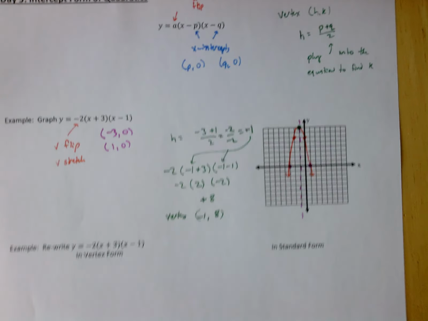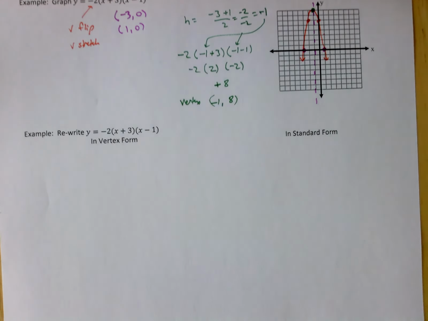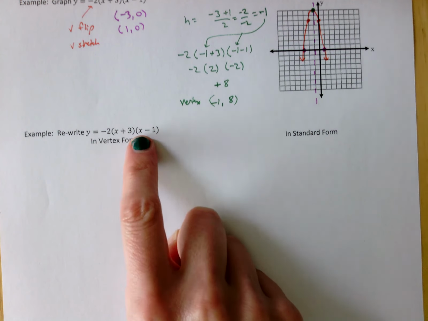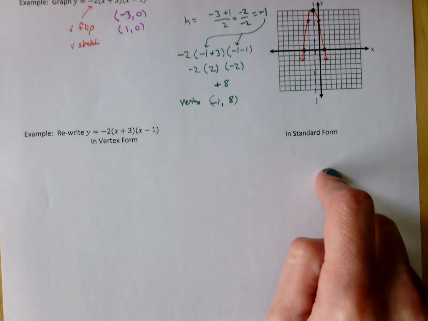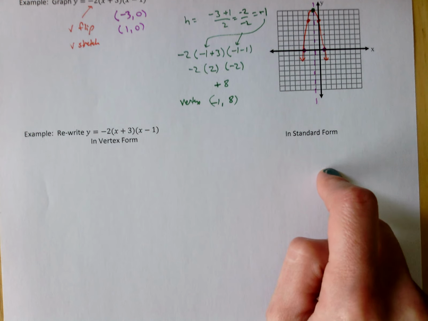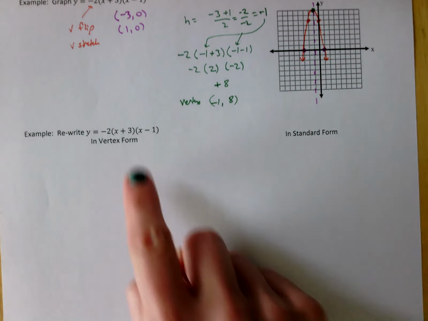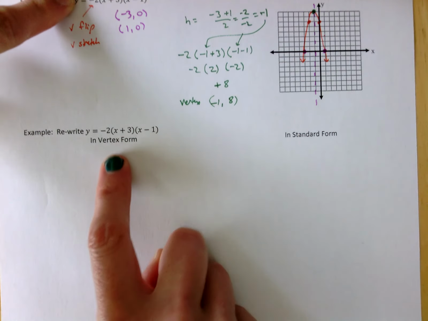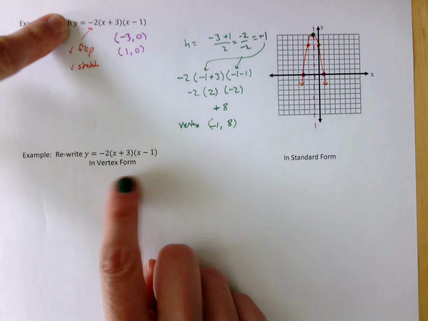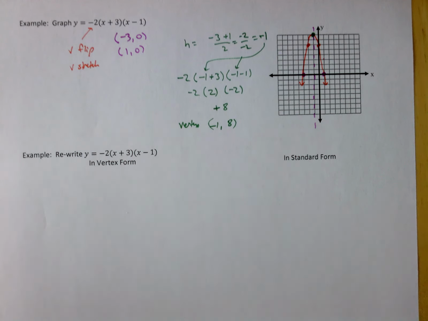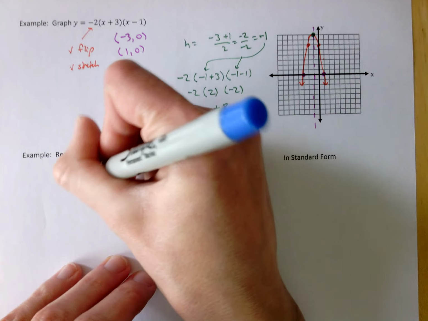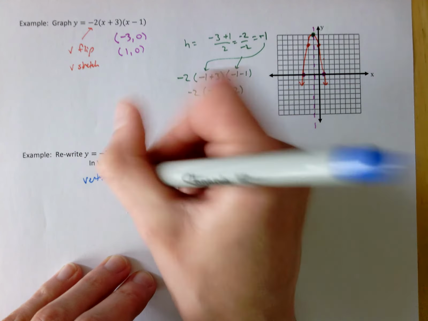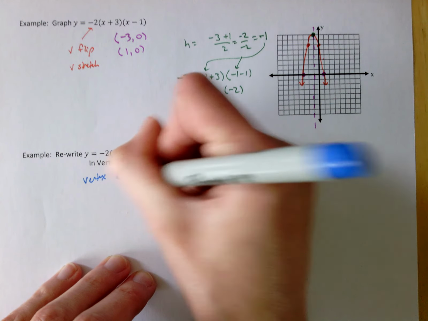Great. All right, cool. So then down here, the last thing that we're going to do is rewrite going from intercept form into vertex form and into standard form. Notice that this is the same equation from here, so I've already done some work. For vertex form, we've already figured out that the vertex is -1, 8.